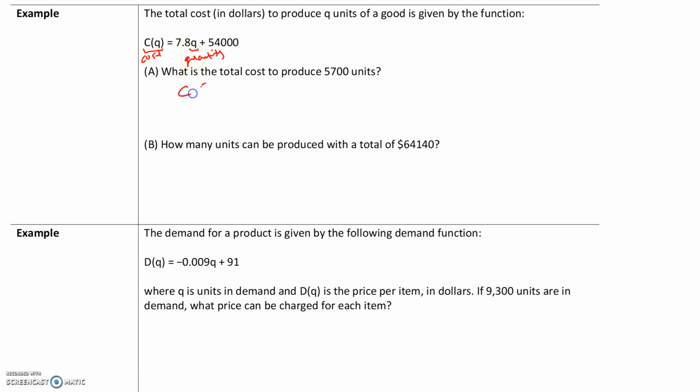So we want to figure out what is C of 5,700. The equation is 7.8 times the quantity produced, which is 5,700, plus 54,000. Okay, so the cost to produce 5,700 items is equal to 98,460.